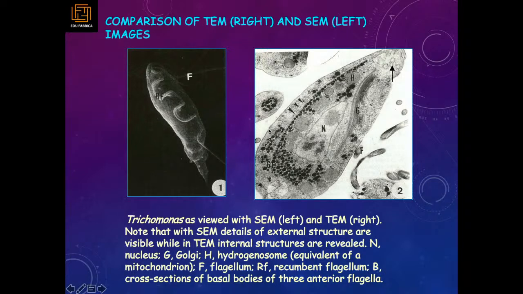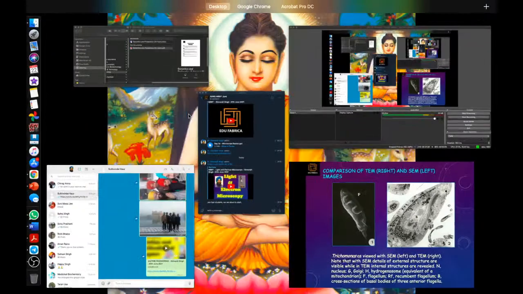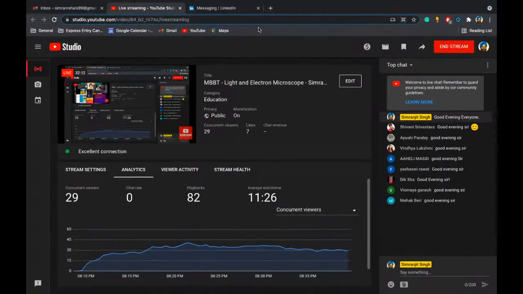That's the beauty of the difference between TEM and SEM. TEM gives internal structure information, whereas SEM gives the outside structure, but as a 3D image. That's the major difference between SEM and TEM.